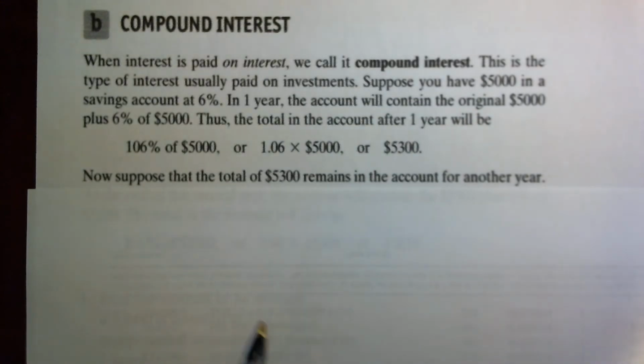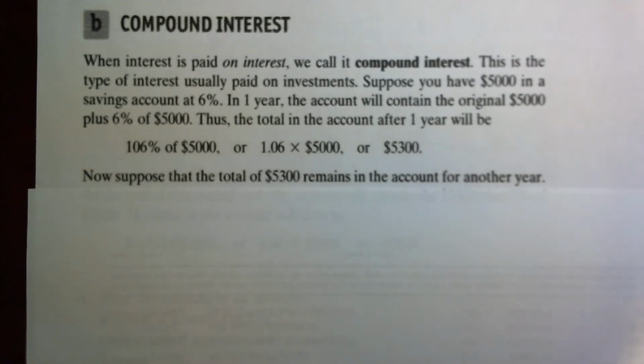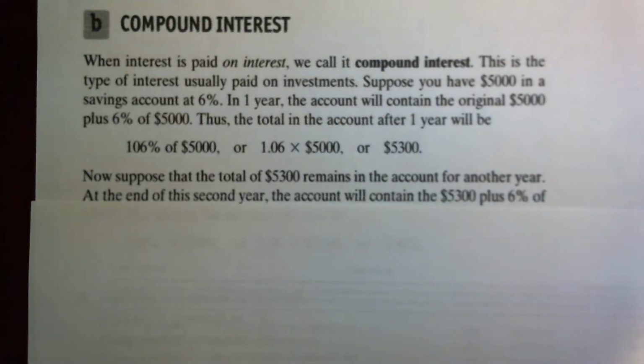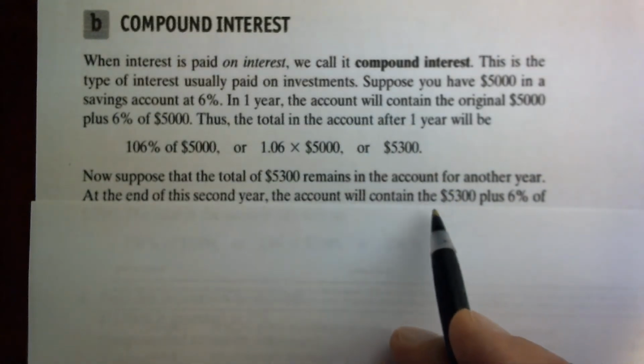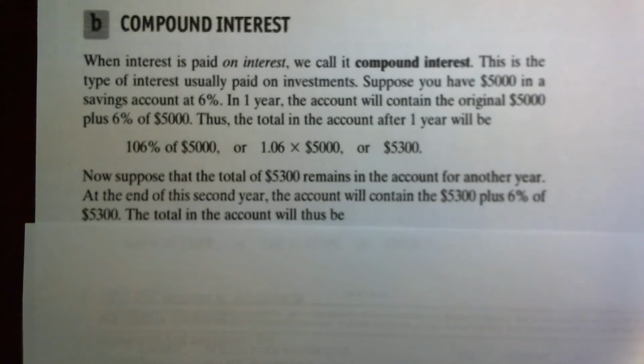Now, suppose that the total of 5,300 remains in the account for another year. So now, at the end of the second year, the account will contain the 5,300 plus 6% of 5,300.